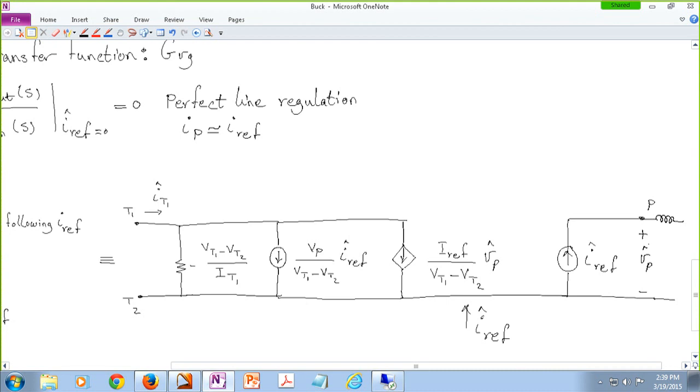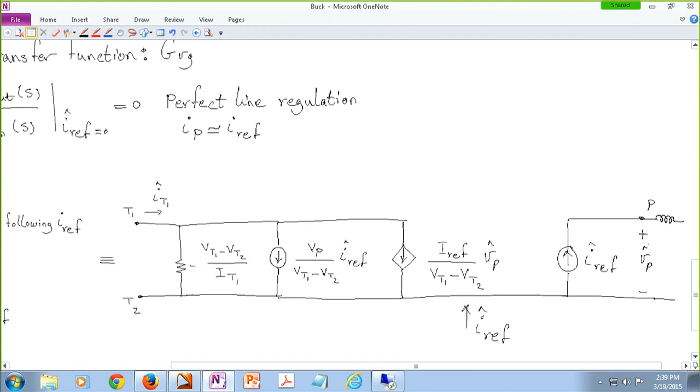One of my pages is missing here. Did I fall anything? Okay, let me see. 1, 2, 3, 3.5, 5. Okay, this is this page over here.